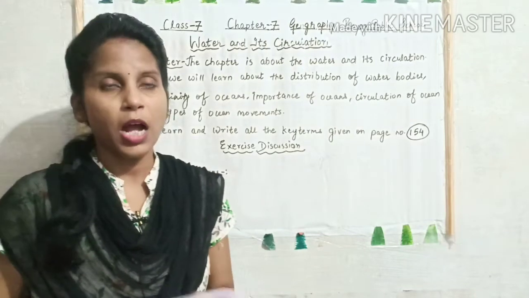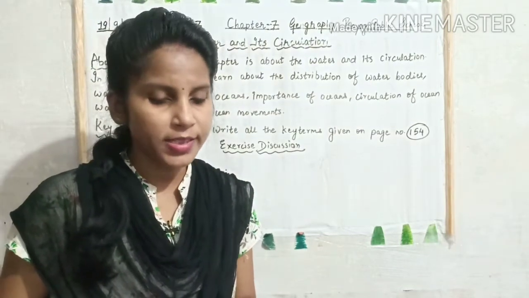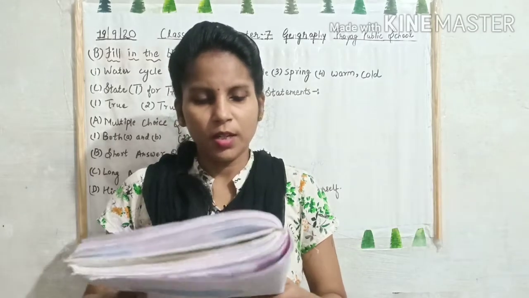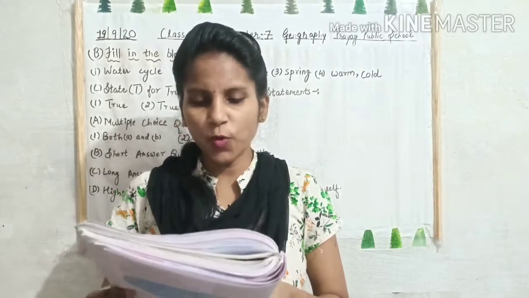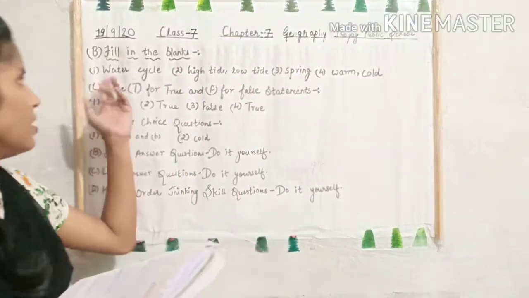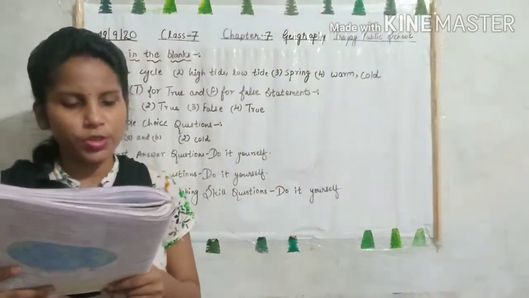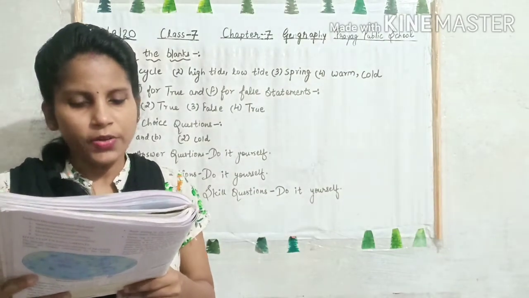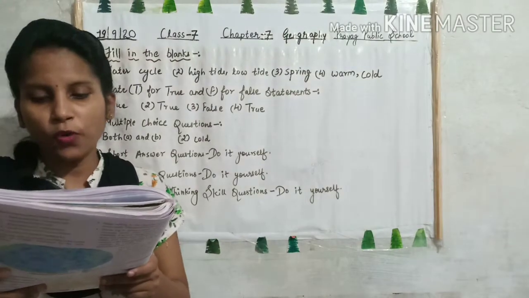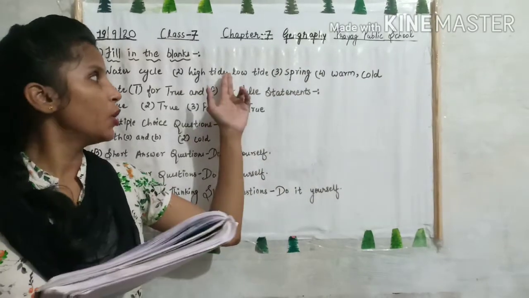Now let's proceed to our next section, that is fill in the blanks. First one, the process of change of water from one form to another is called water cycle. Then question 2, in sea the rise in water level is called high tide and the fall in water level is called low tide.